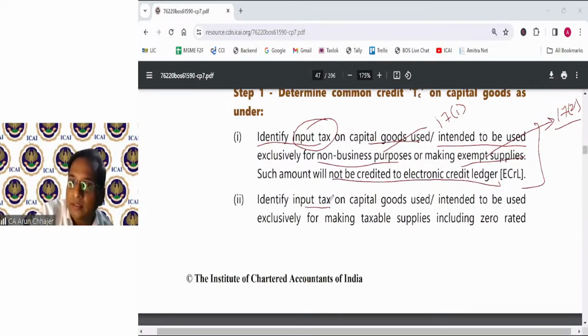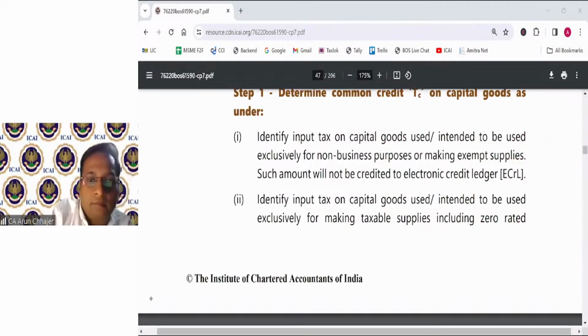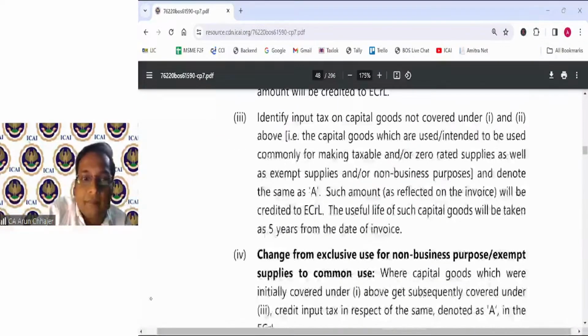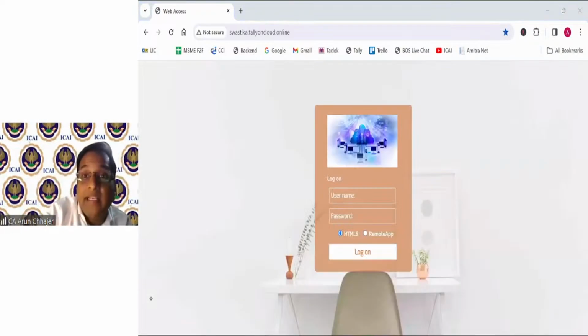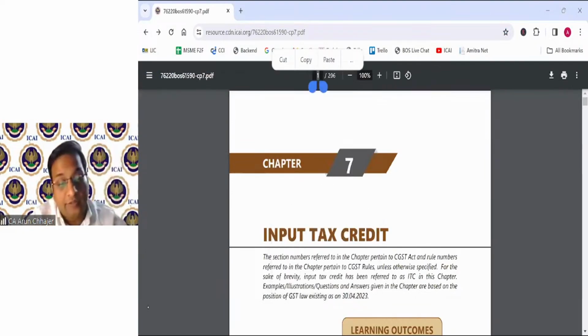Identify input tax on capital goods used or intended to be used exclusively for making taxable supply, including zero rated supplies.